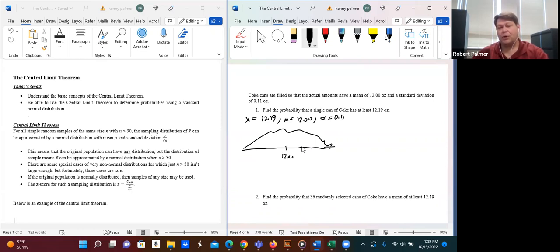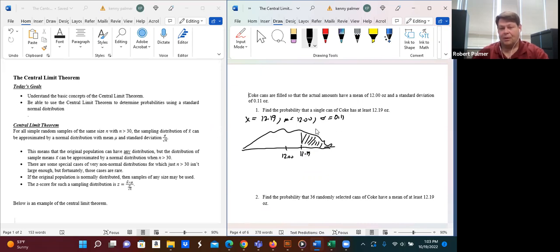And over here, the question is at least 12.19, so let's say that's right here, has at least that much. Okay. Now we're going to assume for now it's normal to do this calculation.